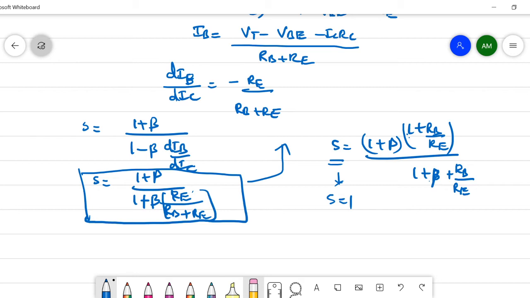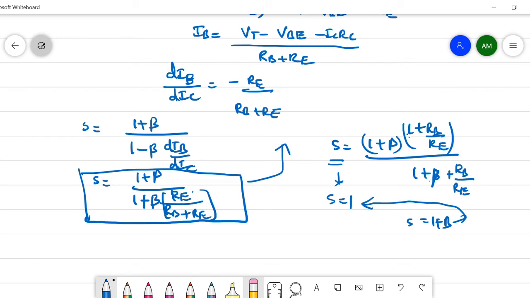As this ratio becomes unity and beyond towards infinity, the value of the stability factor goes on increasing till S is equal to 1 plus beta. So observe here, in the fixed bias method S is equal to 1 plus beta, which is reduced to 1 in the self-bias method.